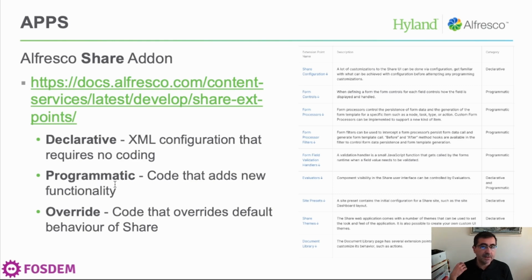You can create something that is programmatic, so you can add new features, add new functionality to the application, and you can even override default behaviors of the application. So this is very rich, and it's really relying on this Maven project. So it's a Java project, you add all your modifications, and you deploy that on the SER web application.